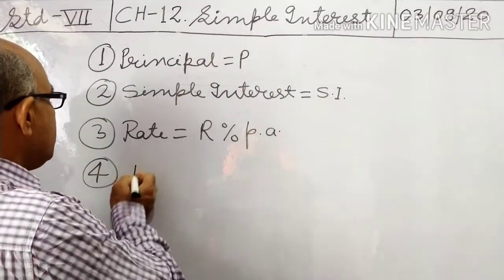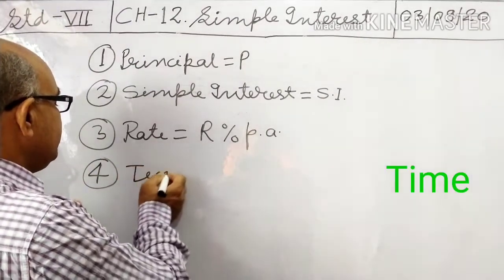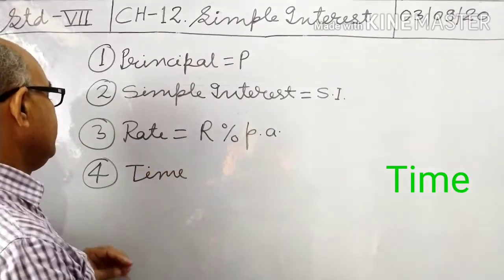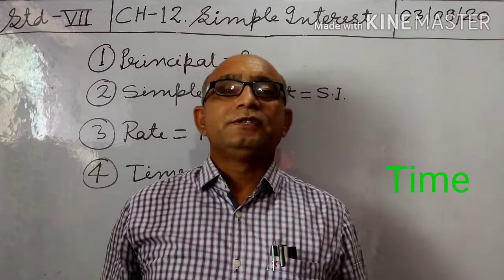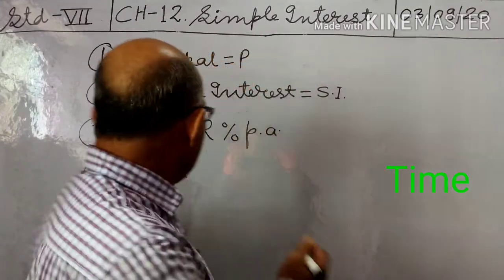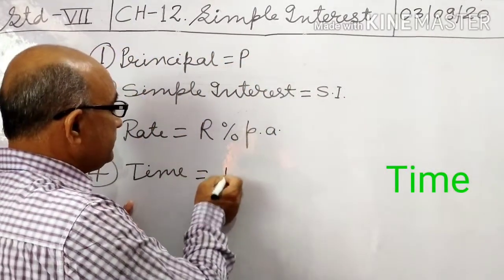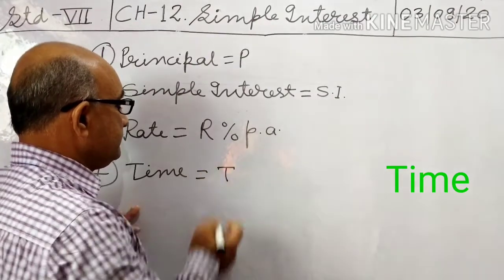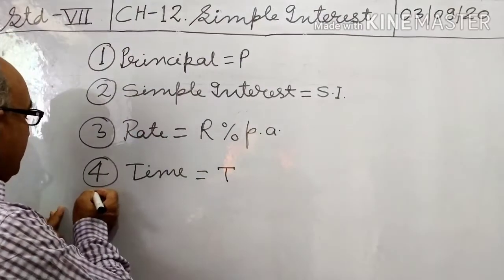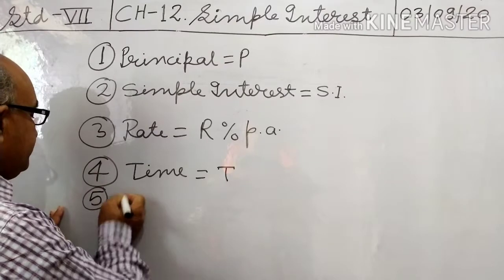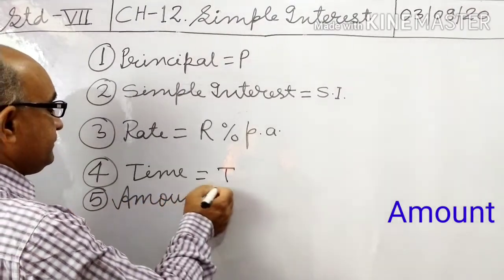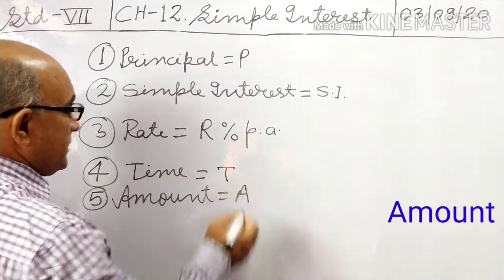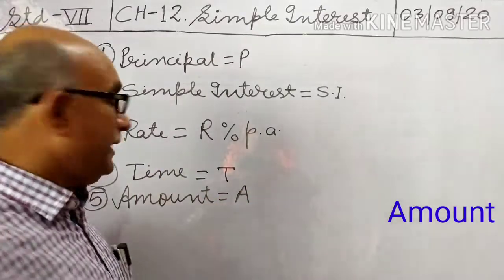Fourth term is time. Total loan period is called time. The symbol of time is T. Fifth term is amount. The symbol of amount is A.